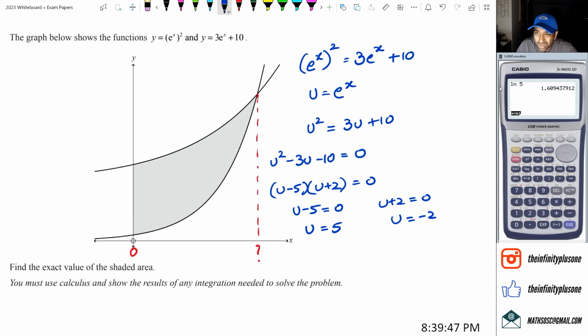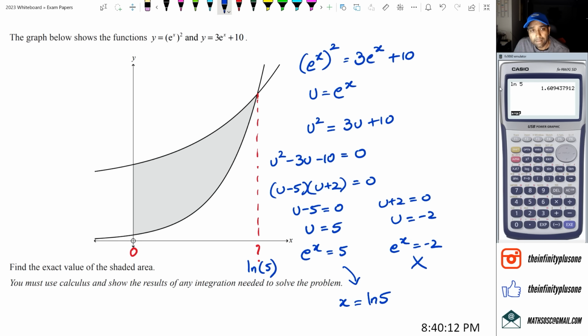And because u is equal to e to the x, we can say that e to the x is equal to 5, or e to the x is equal to negative 2. Now, unfortunately, exponential curves don't go to the negative side at all, so we can ignore this, and here we can say that x is equal to ln of 5. So I've figured out what this value is, which is ln of 5.